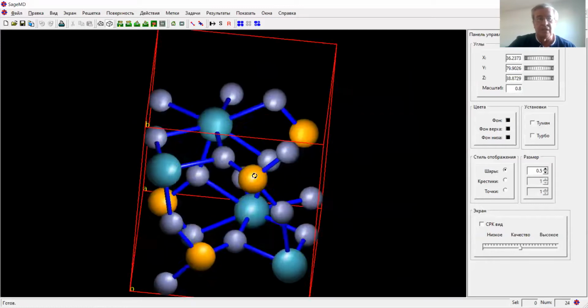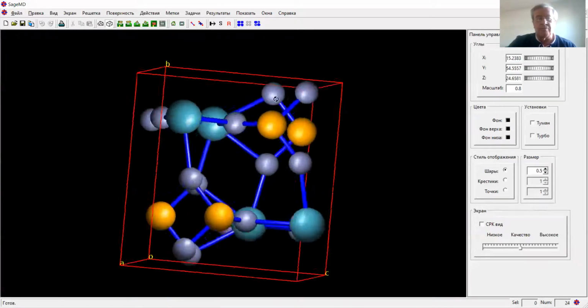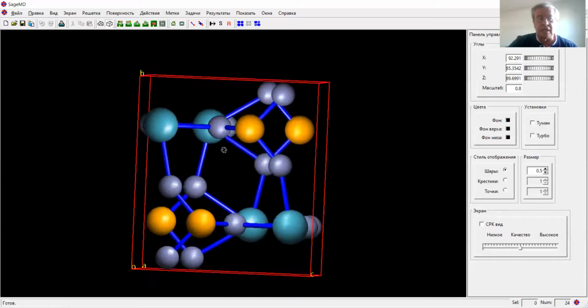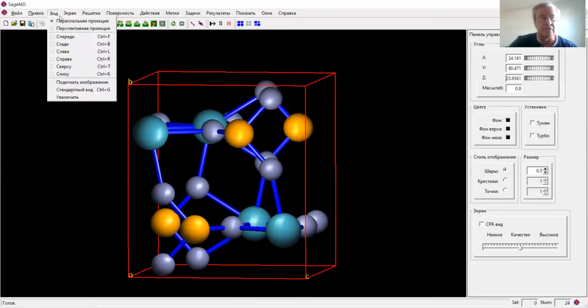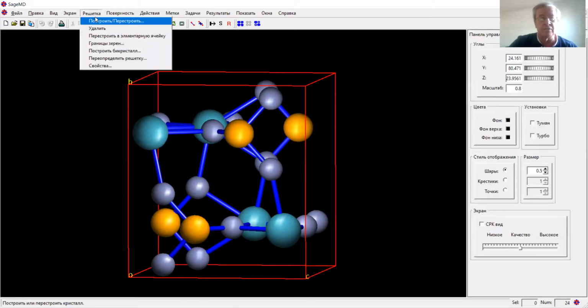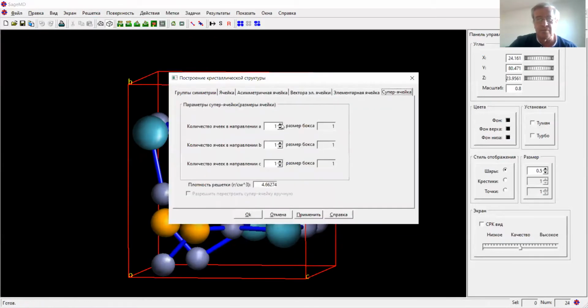By examining the structure again, we can increase the size of the unit cell, as we usually do, by adding one more unit cell.